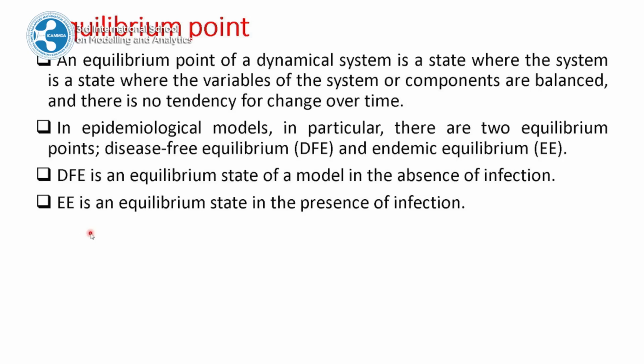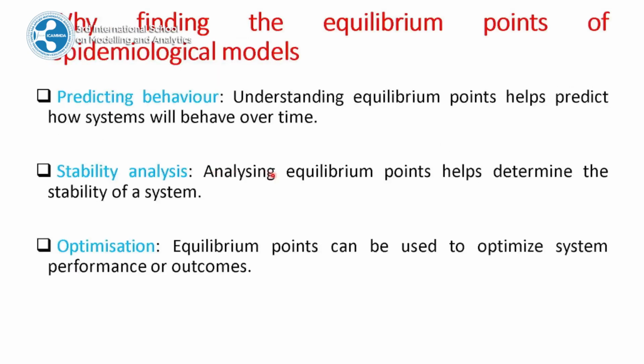The endemic equilibrium is the opposite of the disease-free equilibrium, meaning an equilibrium state in the presence of infection. Why do we need to find the equilibrium point of an epidemiological model?